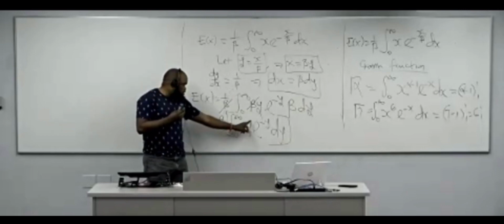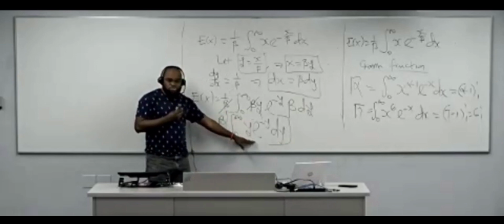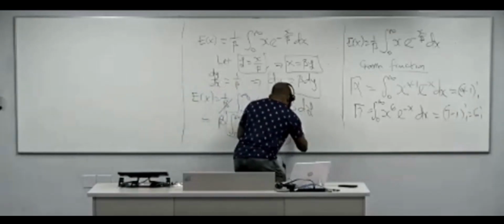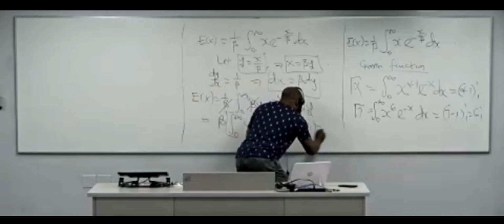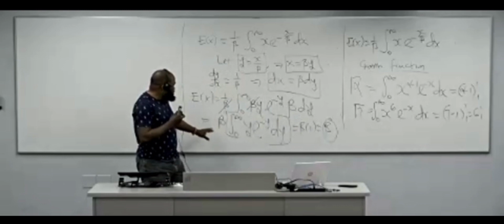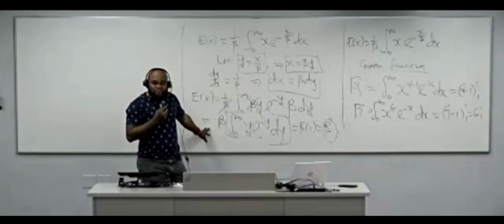Because this is raised to the power 1, that is going to be gamma 2. And what is gamma 2? That would be 2 minus 1 factorial, which is 1 factorial, so 1. So it's 1 times beta, which is equal to beta. So right now, I've succeeded in deriving the mean of the exponential distribution. Any question?